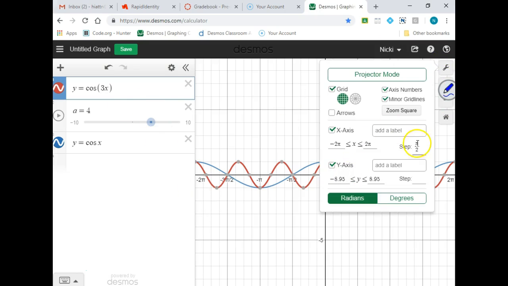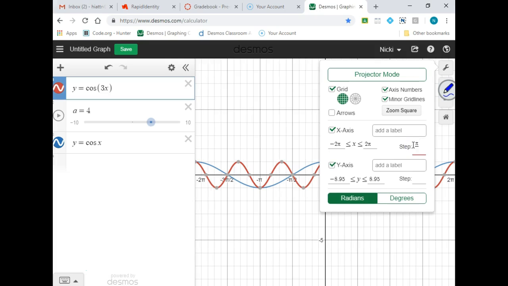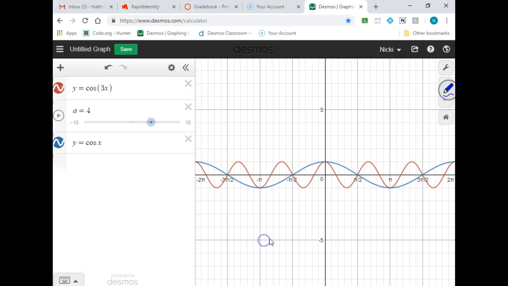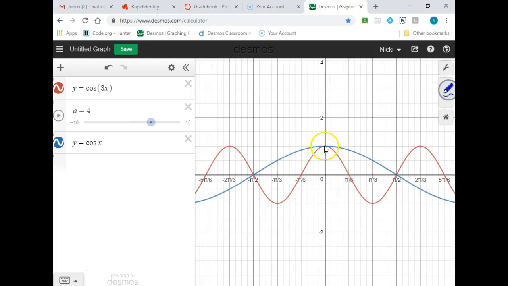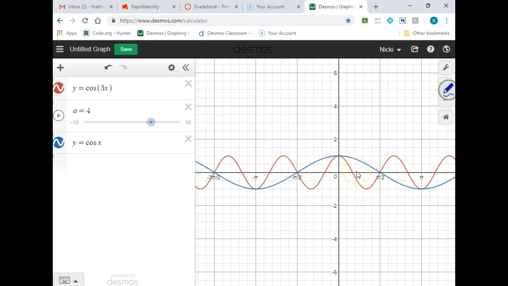Let me go here and change my step to pi over 6. Each one of these now, they're not labeled. Let me zoom in a little bit so it shows you pi over 6. If you notice here, as we repeat, we start at that highest point, or back up to the highest point at 2 pi over 3. So there's our period. It's squished in there.